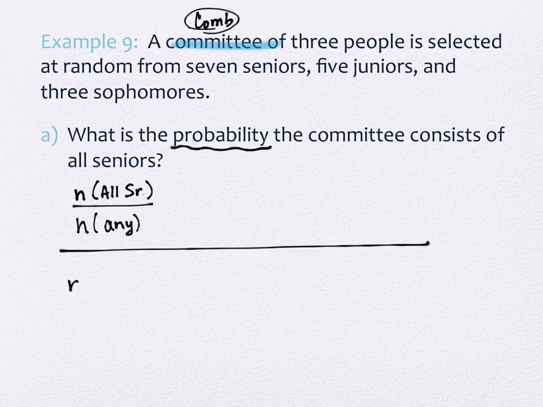So we need to know the number of ways of getting all seniors. So we'll start with that one just because it's on top. So how many seniors are there? 7. We said it's a combination. And how many would we need to create a committee? 3. It said committees are 3 for what we're looking for.